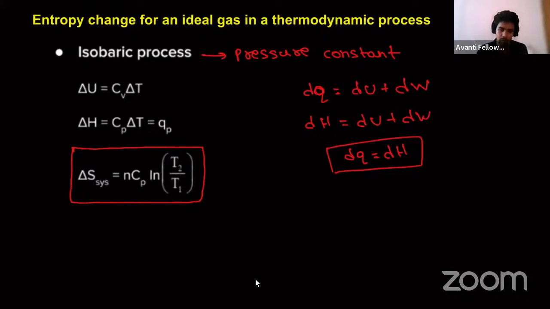Where delta H at constant pressure is written as Cp dT, or if you have n number of moles, nCp dT. Here also, the same thing for the surroundings: it is minus delta S system.